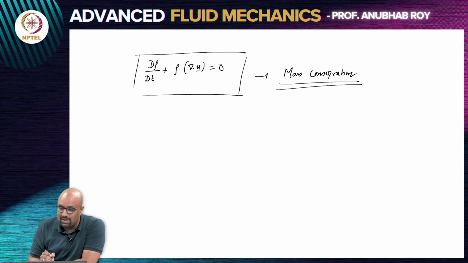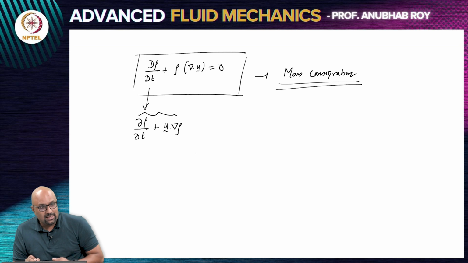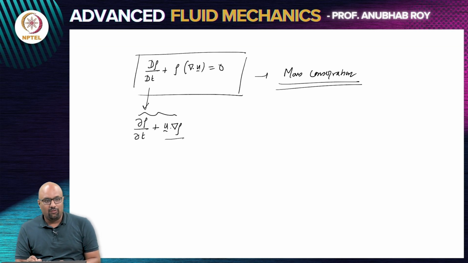Now you might still ask that this is obviously to be interpreted as following a fluid particle, but we know how to convert our material derivatives. We know that the material derivative can be written as d rho dt plus u dot del rho, that is the expression for the material derivative. That the material derivative can be written as the rate of change of that quantity at a particular point in space with time plus a term that is the rate of change following the fluid parcel, u dot del.